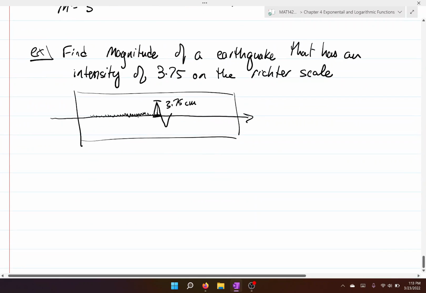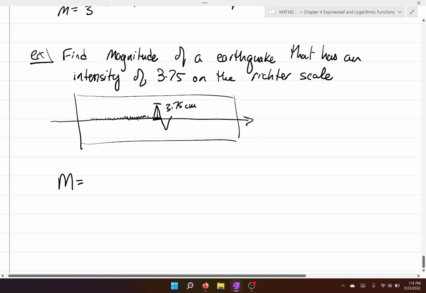Now, the magnitude is going to equal the log of I over S. So we know what the intensity is. The intensity is that amplitude, 3.75, okay? S is the standard earthquake that we're concerned with.